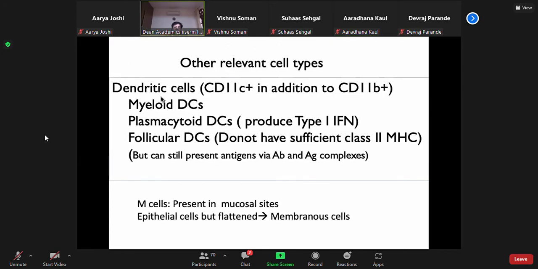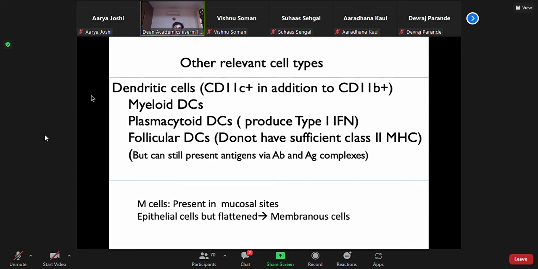Okay, so other relevant cell types, one of them is dendritic cells. We also talked about that the person who discovered these dendritic cells was acknowledged for his contribution with the Nobel. Now these dendritic cells connect the innate and adaptive immune responses by engaging the cells of your adaptive immune system, particularly T cells, and are very critical for initiation of T cell responses.